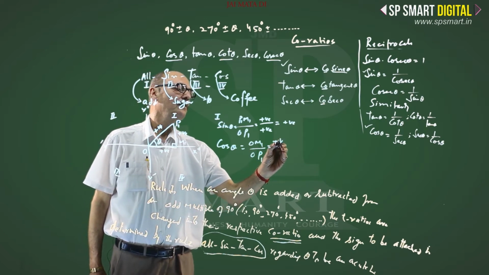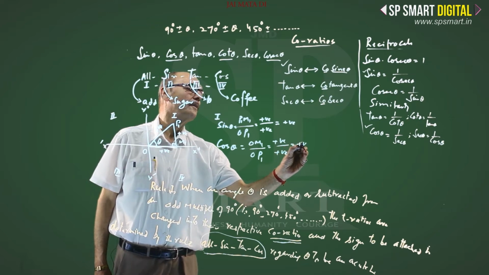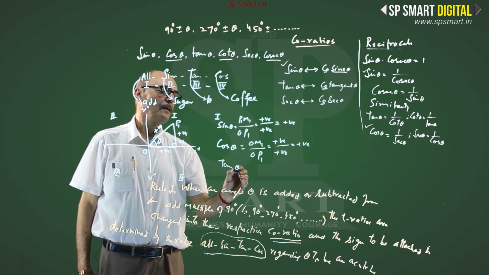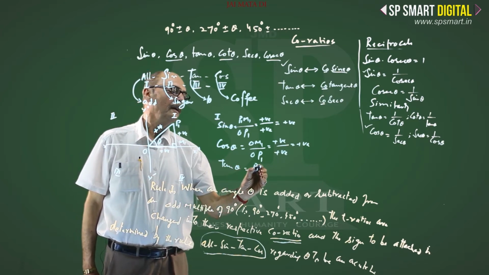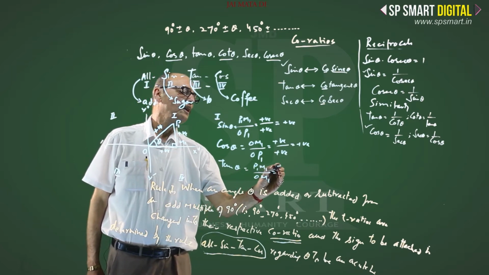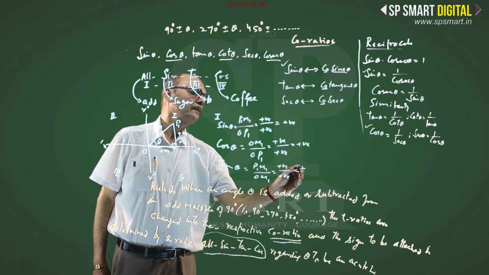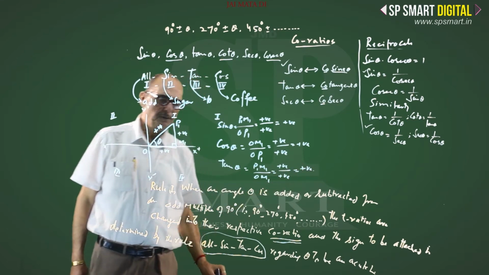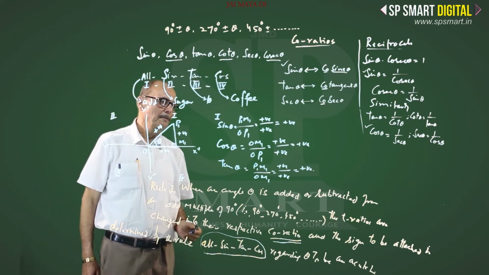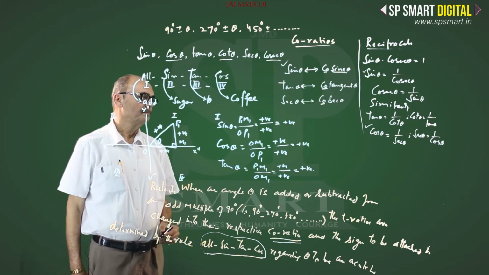So, this is positive, this is positive, the result is positive. And if we take tan of theta, this is P1M1 upon OM1, both are positive, so the result is positive. That means if this angle theta lies in the first quadrant, then all the trigonometric ratios are positive.